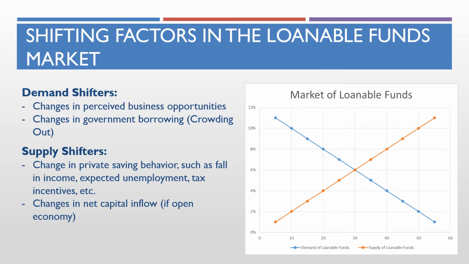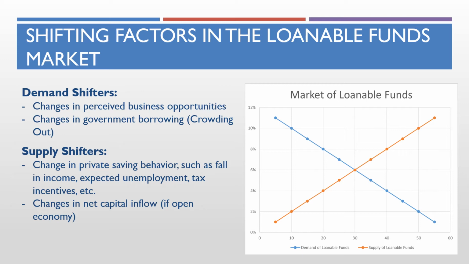There are several examples you can think of with the tax incentive. Either way, when people are more motivated to save more money, this will shift the supply curve to the right. If there is a decrease in the motivation to save money in the economy, then it will most likely shift the supply curve of loanable funds to the left.